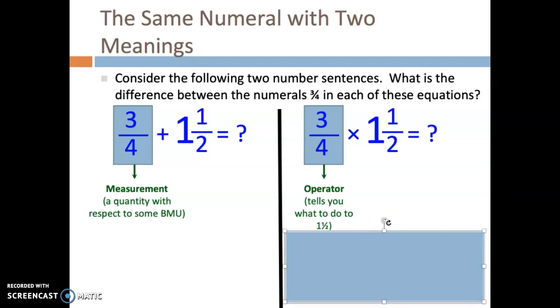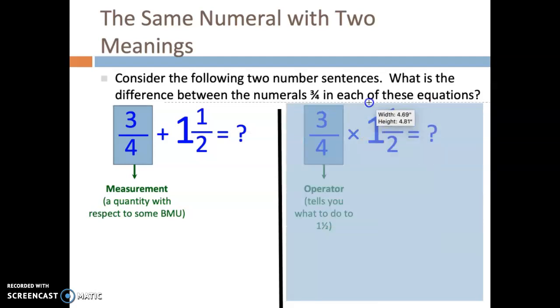So 3/4 times 1.5. 3/4 is the operator. It tells you what to do to 1.5. First one, 3/4 plus 1.5, measurement. 3/4 times 1.5, operator.